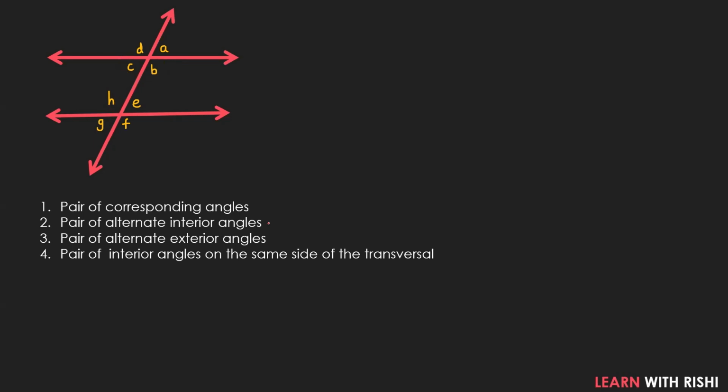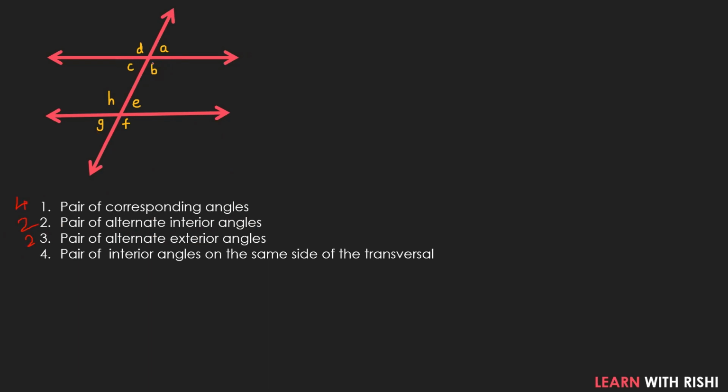Let us write the pairs of alternate interior angles. We have written 4 pairs of corresponding angles. There are 2 pairs of alternate interior angles and 2 pairs of alternate exterior angles. Interior means inside.